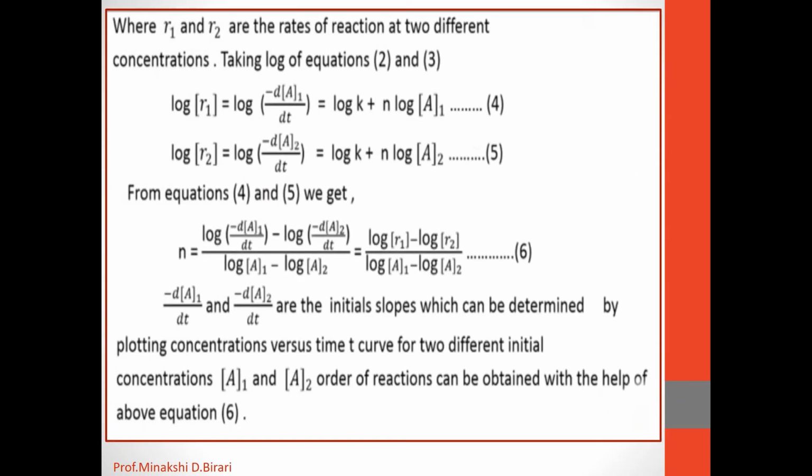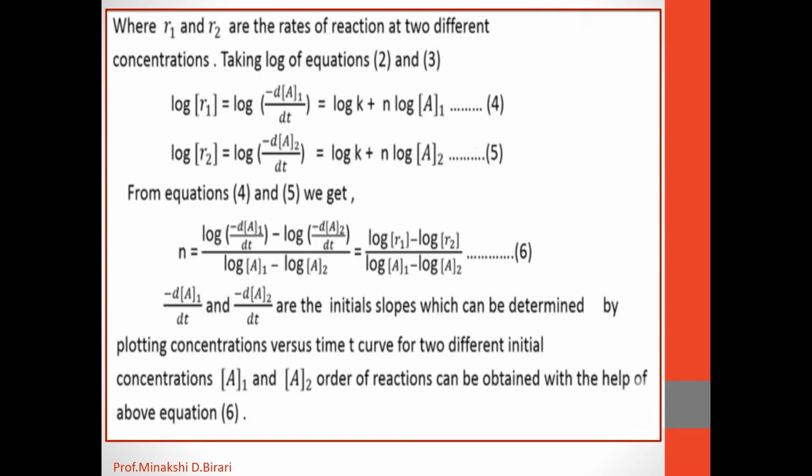So by taking the log of equation 2 and equation 3, we get log of R1 is equal to log of minus dA1 divided by dt is equal to log K plus n log concentration of A1.